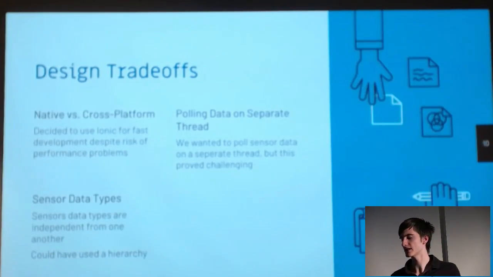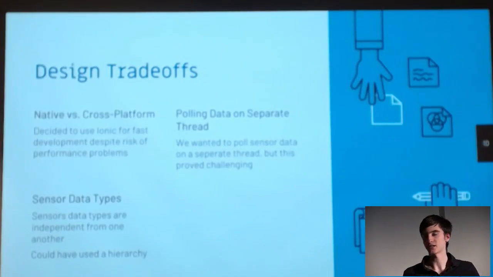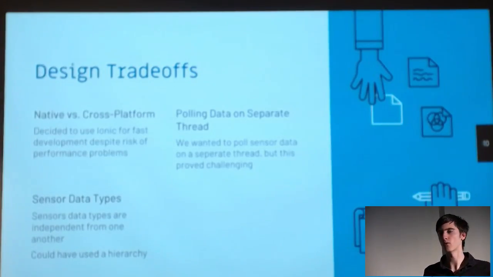One of the other trade-offs is that when we were polling the reefer for sensor data, we wanted to be able to do this on a separate thread. We were going to potentially use a service worker, but we were not able to get that working inside Ionic, and so that was a little bit of a performance hit.